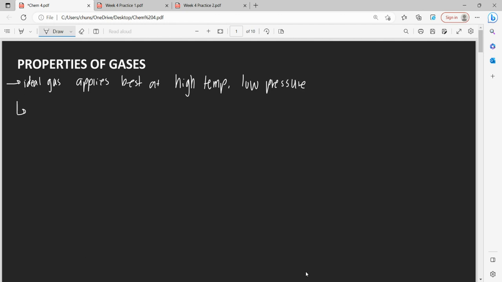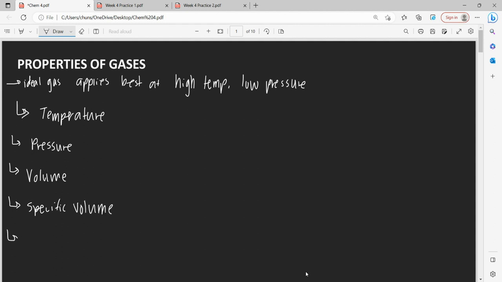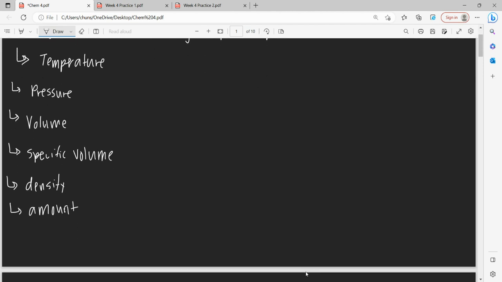All right, and some properties of gas you might already know. We have temperature, pressure, volume, specific volume, density, amount, so this is our moles, and of course, mass.